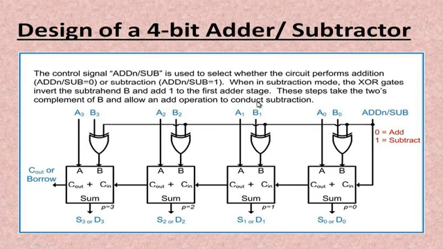These steps take the 2's complement of B and allow an add operation to conduct subtraction. Okay. So let us remember that these 4 XOR gates perform the most important function of one's complement. So this is the one's complement application of the XOR gate used here in the 4-bit binary subtractor, isn't it?